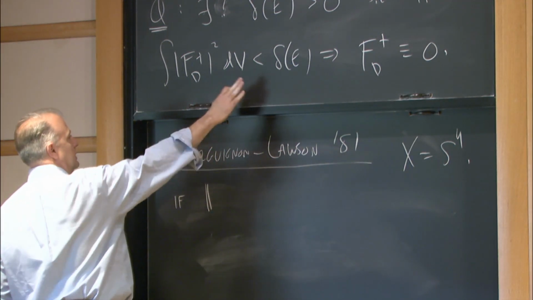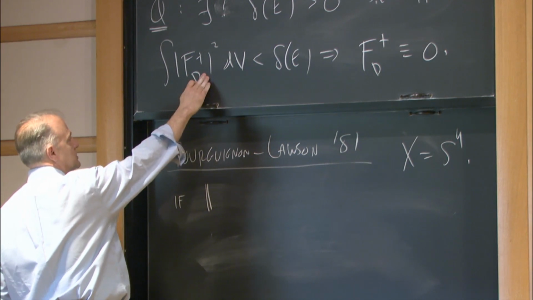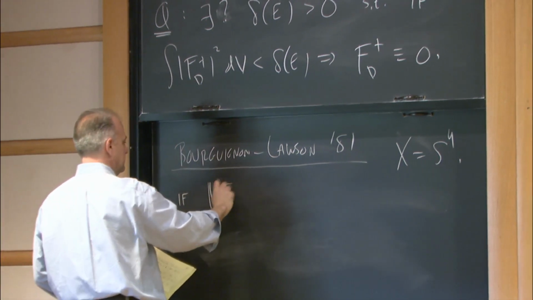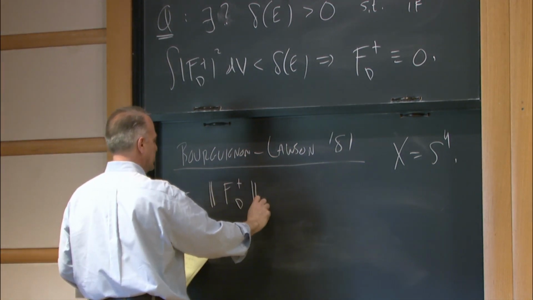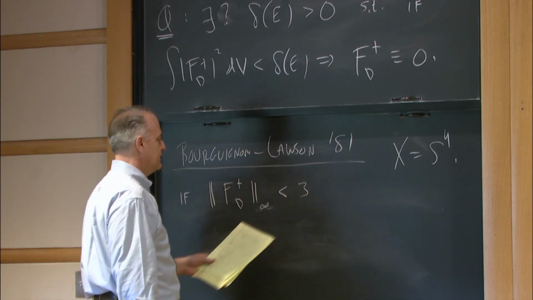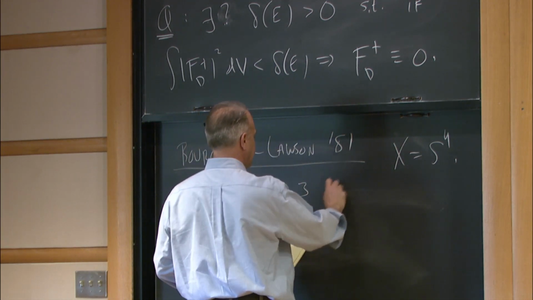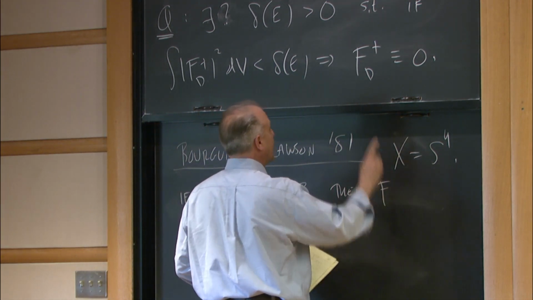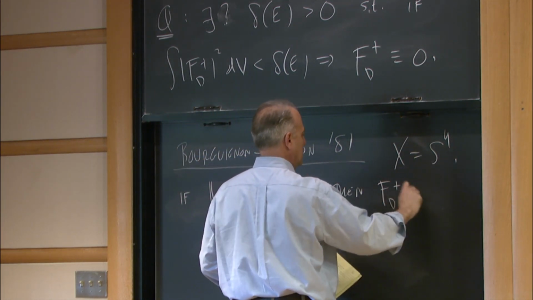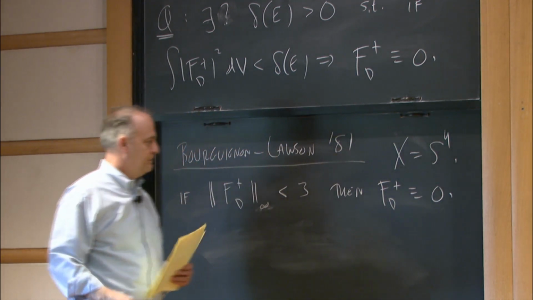Here I'm doing things in terms of the L2 size of the self-dual part, but they did it in terms of the L infinity size. But anyway, it's the same kind of spirit. They have a number which is 3, and they say if the L infinity norm is less than 3, again for a Yang-Mills connection, then you have to be ASD.